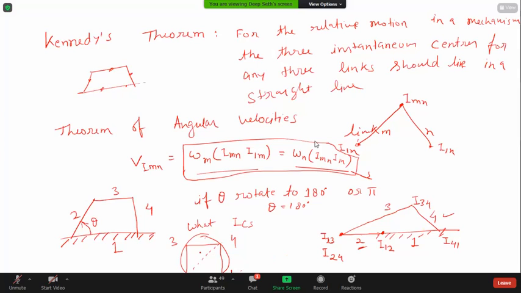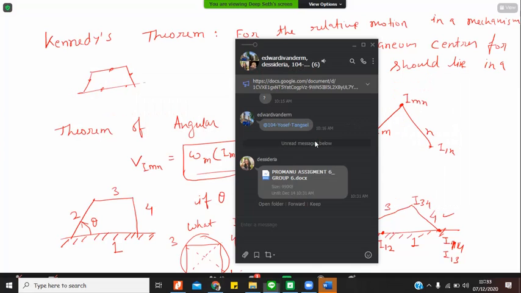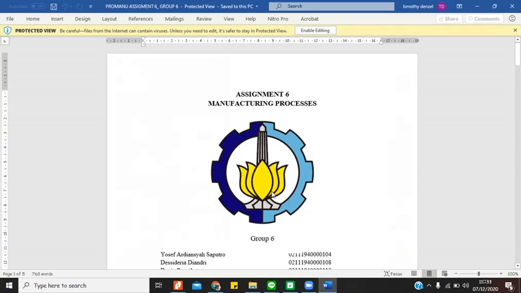Similarly, I13 you will have over here. This is your I13. This is your I14. Why? Because for I13 you will extend link 2, and it extends like this and comes over here.